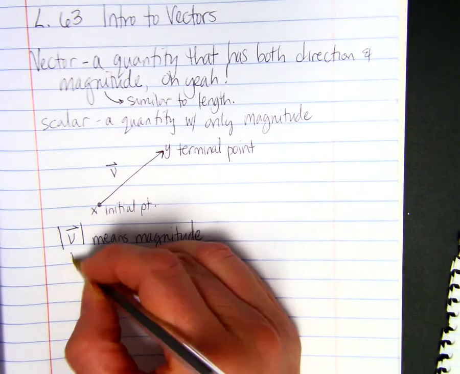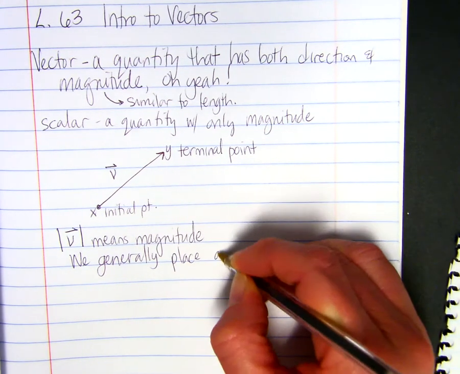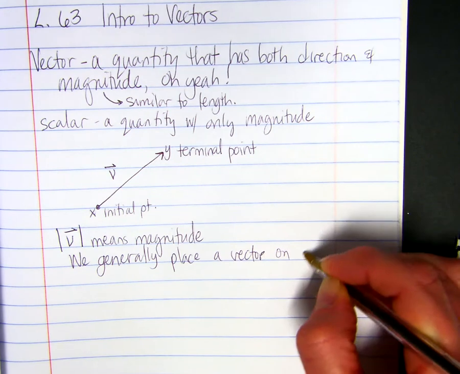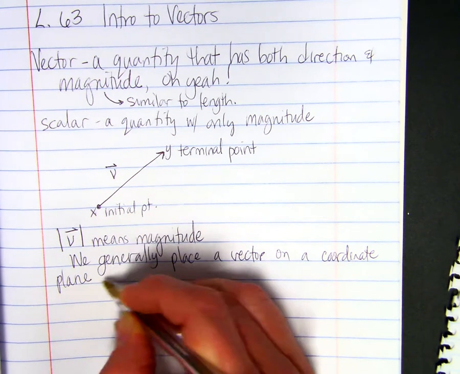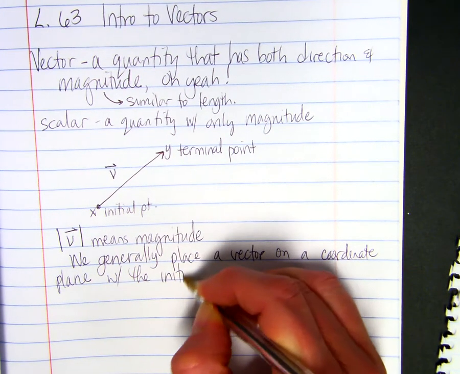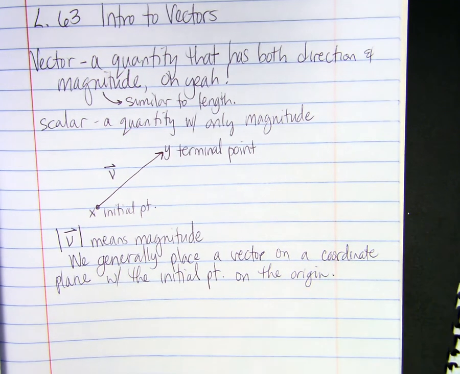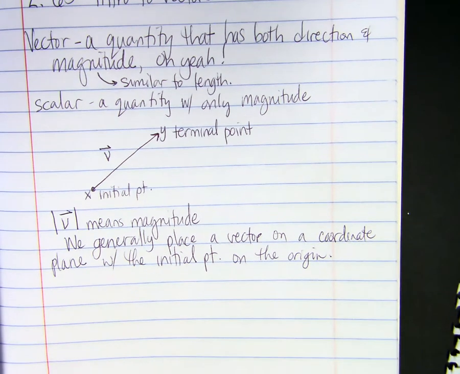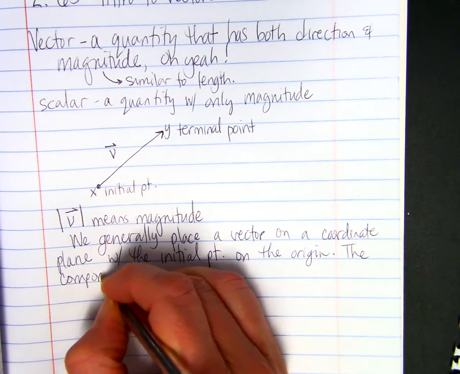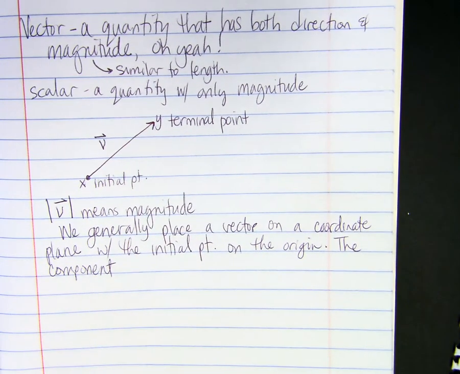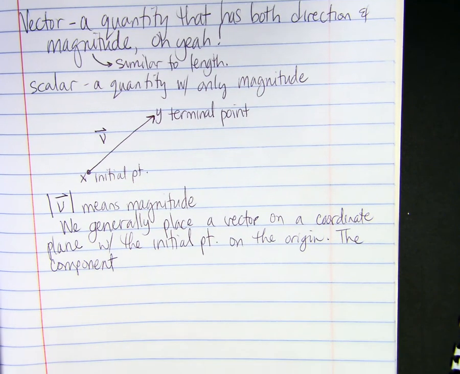We generally place a vector on a coordinate plane with the initial point on the origin. We write the component form. It's kind of like when you write the point where you have parentheses and you put the x number and the y number.